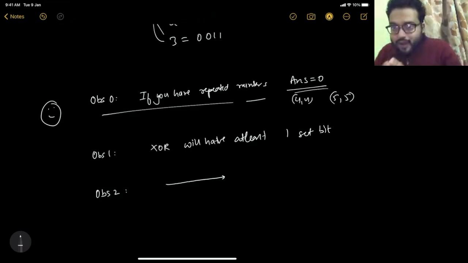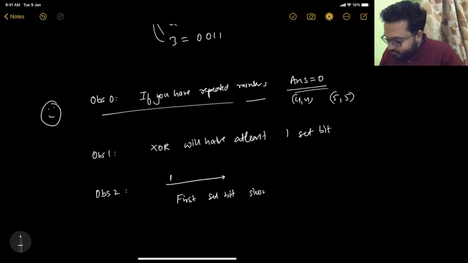Now, if I don't want set bits to occur very first in the answer, do you appreciate that numbers that are closer to each other have lesser probability of giving the most significant bit as 1? Let me just write it and then I will explain this.